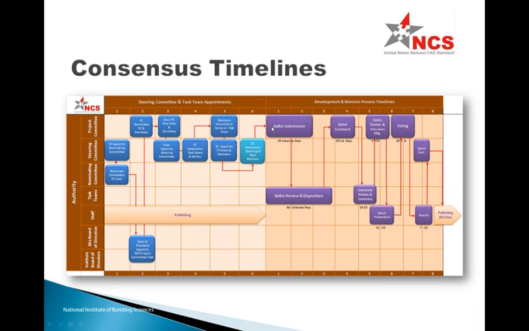So the first step would be the ballot submission, which is about 56 calendar days, followed by the ballot review. The ballot review takes place by the task teams. The task teams receive the ballots, and as they receive them, they vet those ballots, and then they make a decision on whether the ballot has merit and should be forwarded to the project committee for commentary.